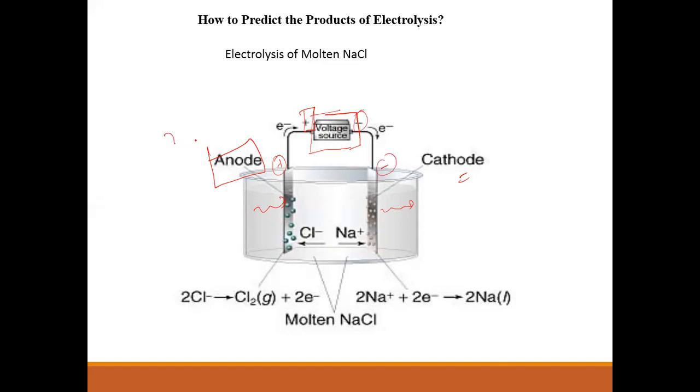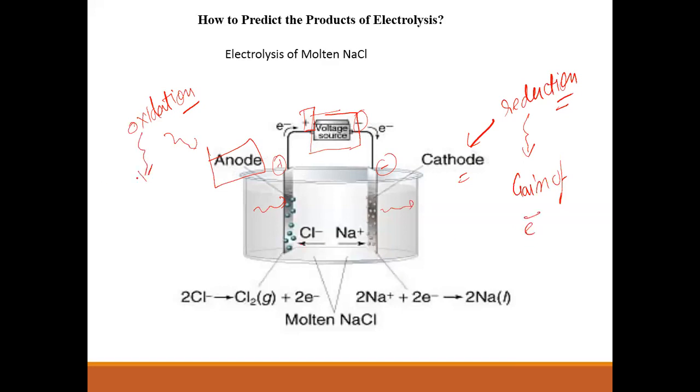At the anode oxidation takes place, whereas at the cathode reduction takes place. In reduction, gain of electrons takes place, whereas at the anode, oxidation takes place, meaning loss of electrons.